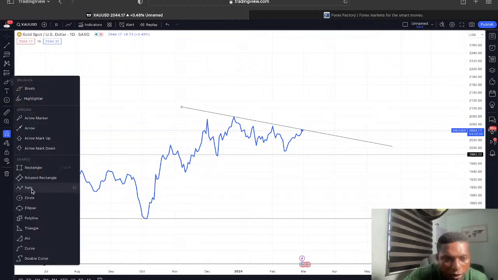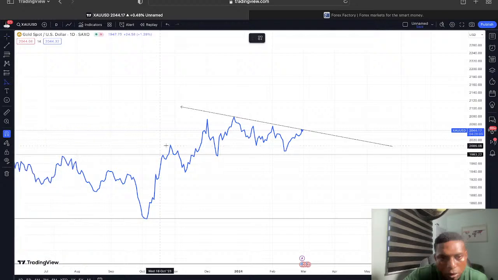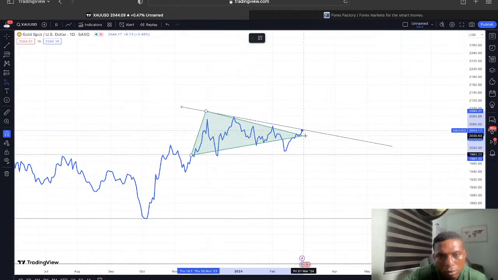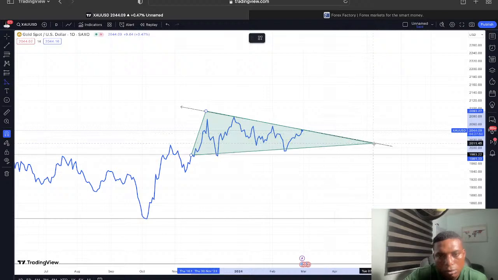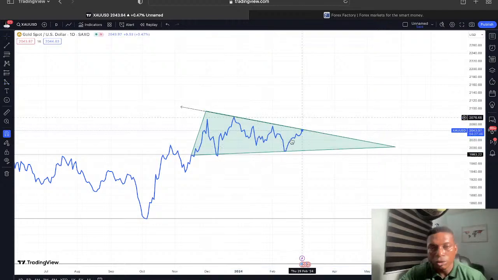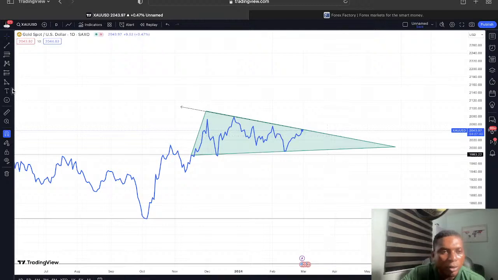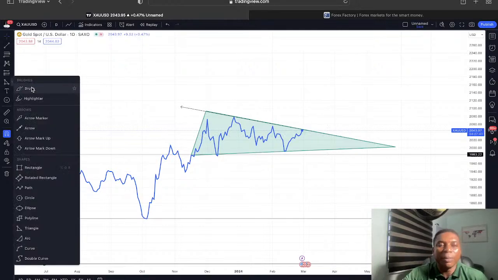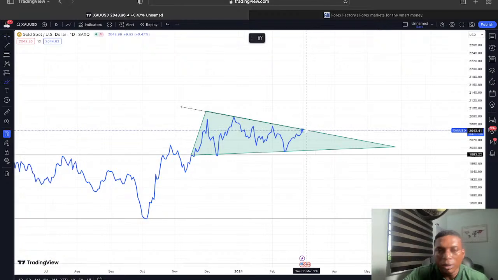So we can see now, good. So what am I expecting, or what's the higher probability of the outcome from this level?